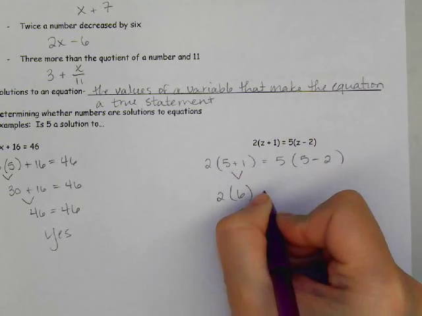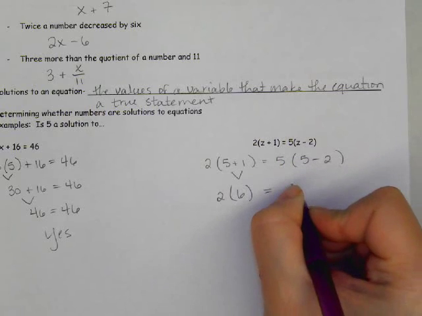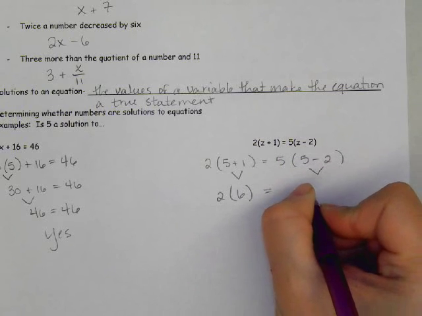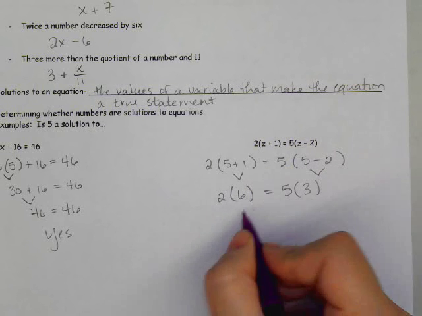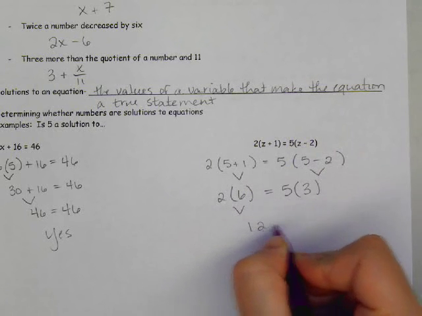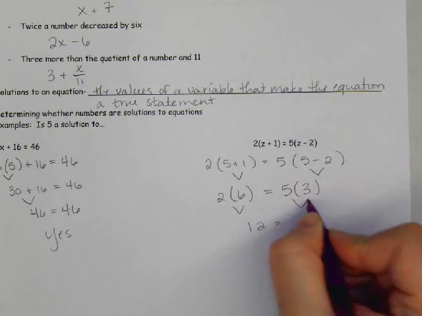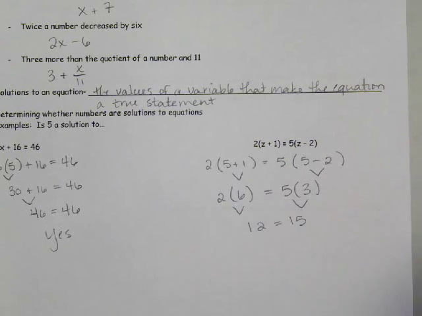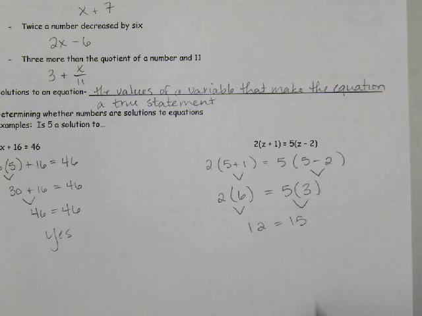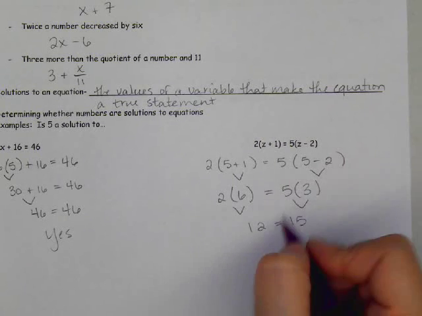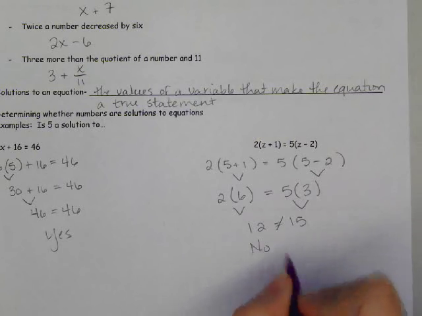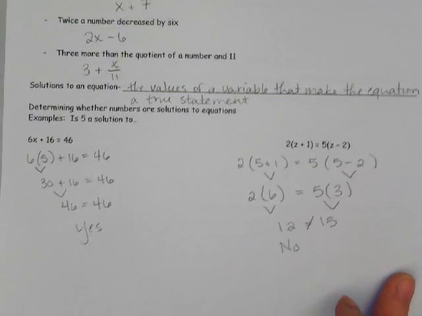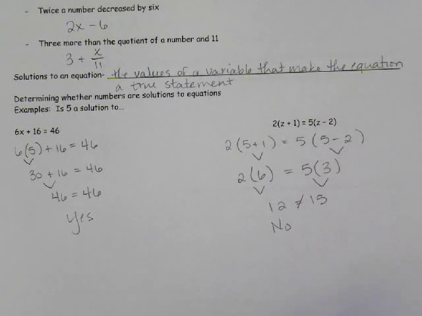Drop down the parentheses and the times 2. Here, 5 minus 2 is 3. Drop down the parentheses, drop down the 5. 2 times 6 is 12. 5 times 3 is 15. And now we're left with 12 equals 15, which is not a true statement. So not equal to. So no, 5 is not a solution to that particular equation.